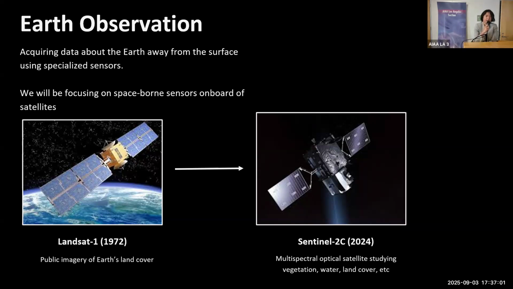An example is the Sentinel-2C, which is part of the Sentinel family of satellites, which was founded by the European Space Agency. That satellite is specifically for collecting optical data about the surface of the Earth in order to analyze vegetation, water, land cover, and more.